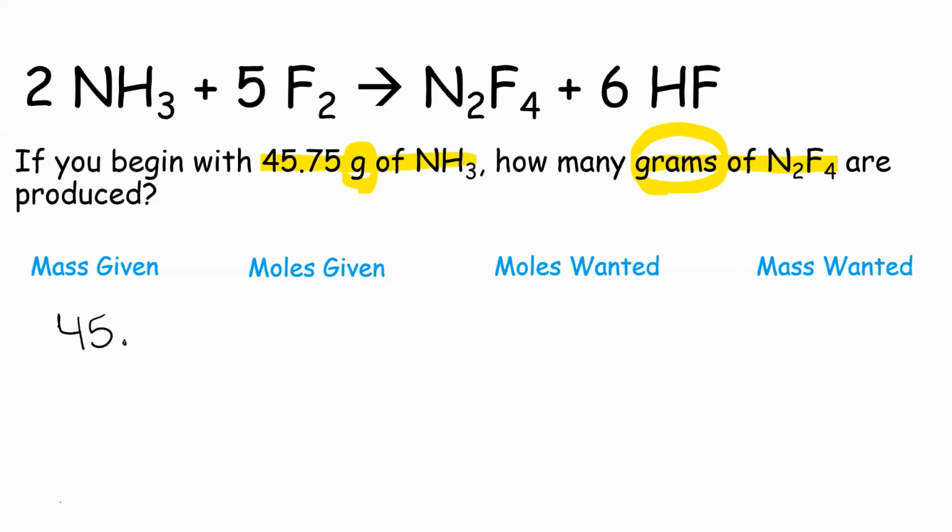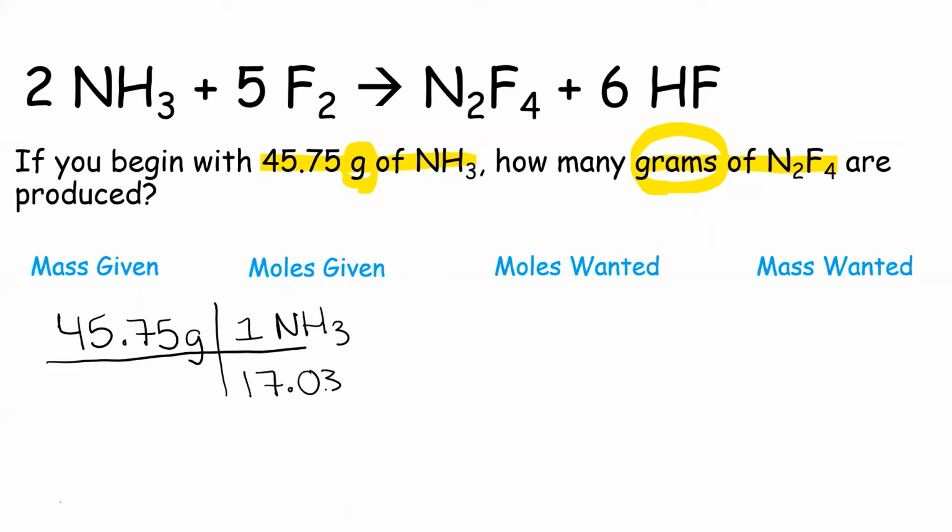I'm given 45.75 grams of ammonia, and I'm going to use the molar mass of that substance to convert it to moles. So I know that for every 1 mole of ammonia, that is equivalent to 17.031 grams. I get that from calculating the molar mass using the periodic table.